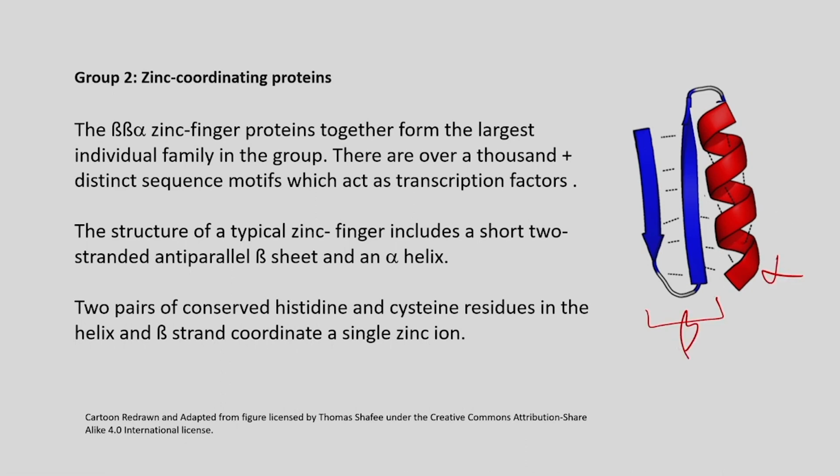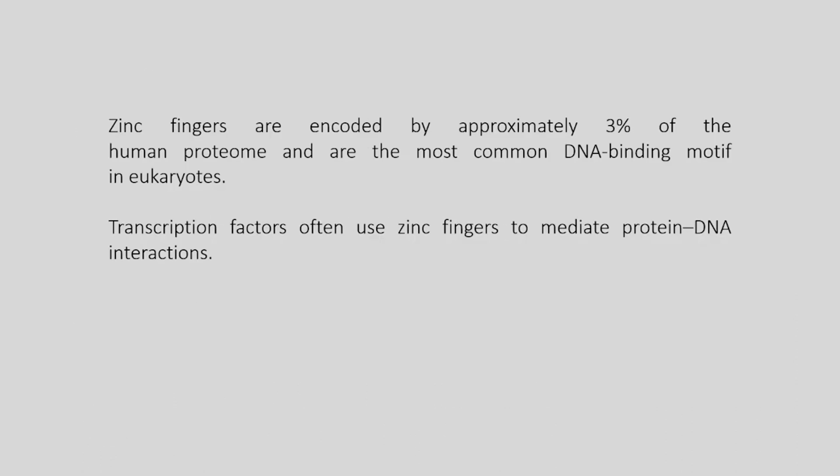Two pairs of conserved histidine and cysteine residues in the helix and beta strand coordinate a single zinc ion. Zinc fingers are encoded by approximately 3% of the human proteome and are the most common DNA binding motif in eukaryotes.